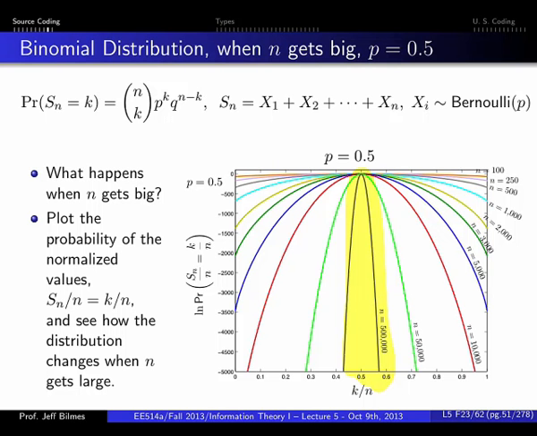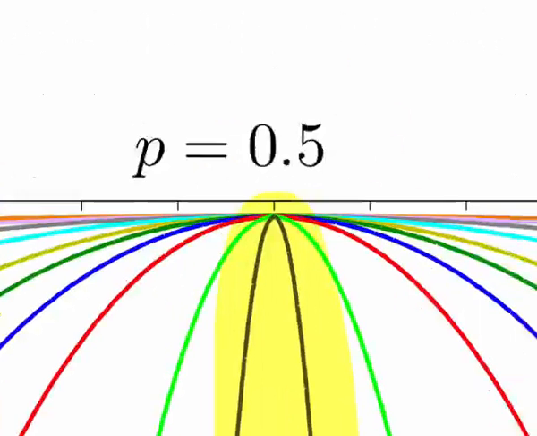Again, paying attention to what's happening on the vertical axis, considering how astronomically small these probabilities are getting. Even if we zoom in, you can see that eventually when n gets big enough, really this is all that's going to happen. This guy right here.